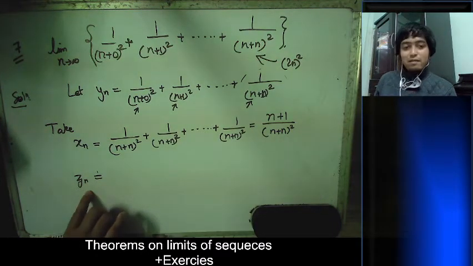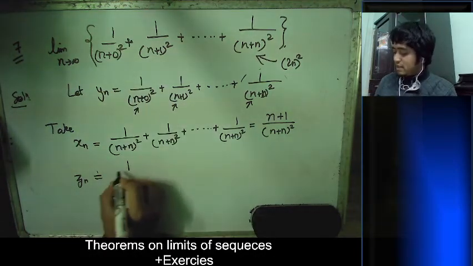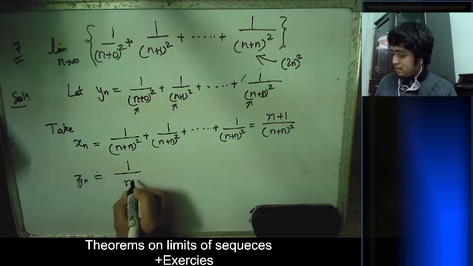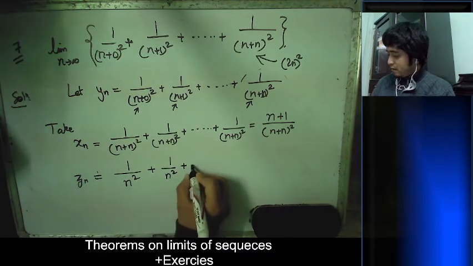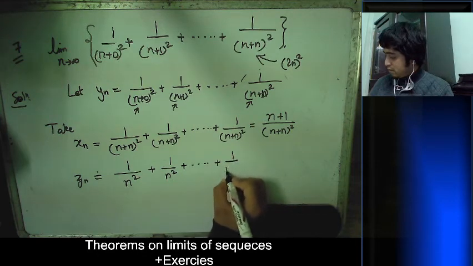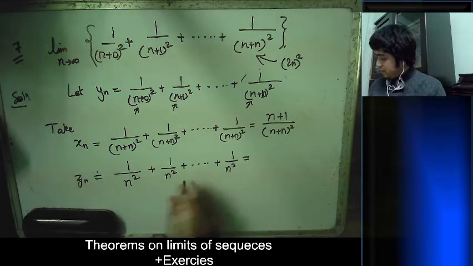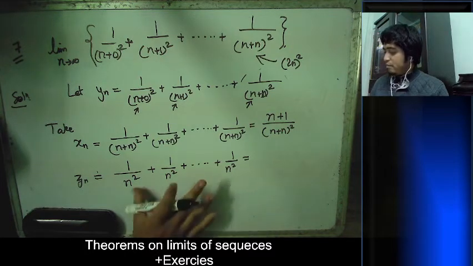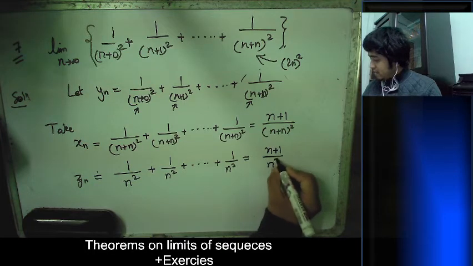And zn has to be bigger than yn. So that's why we will replace everything by the biggest term, which is n square. Again we will be having n plus 1 terms, so n plus 1 by n square.